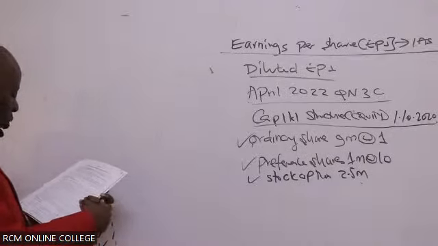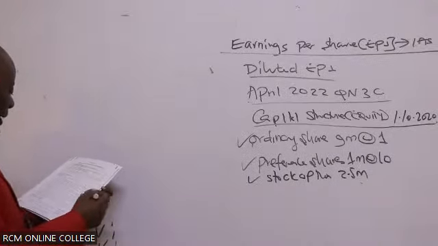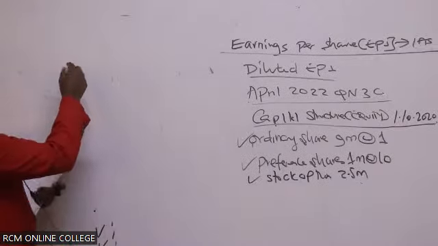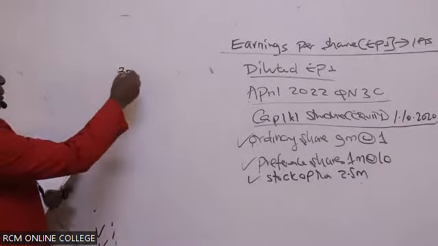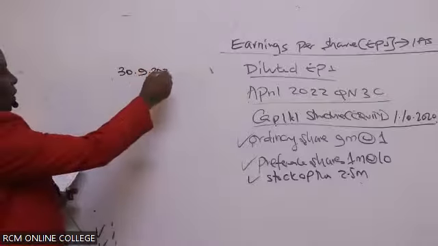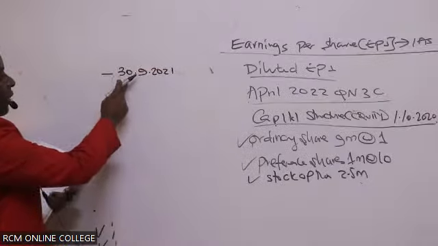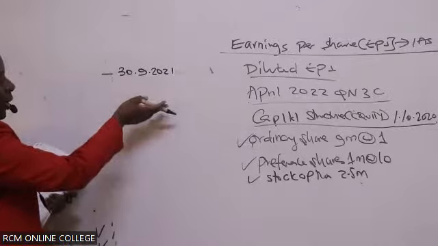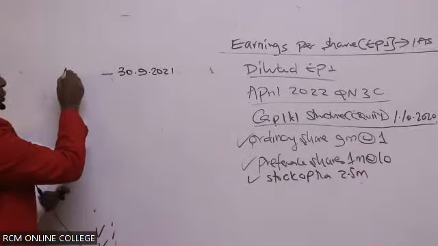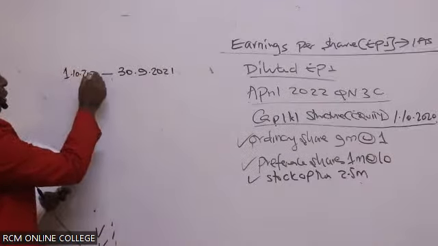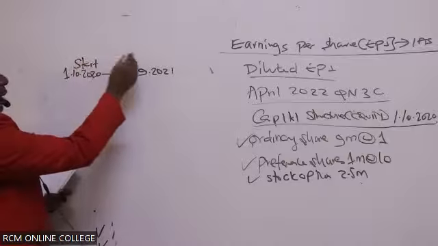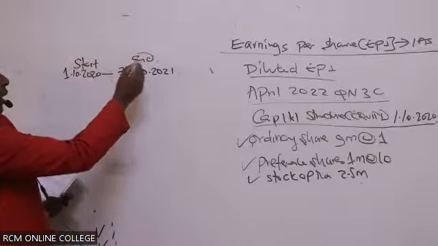So when we talk of 30th September 2021, we know that this year must have begun from 1st of October 2020. So this is the start and this is the end. Very important for you to mark your dates rightly.